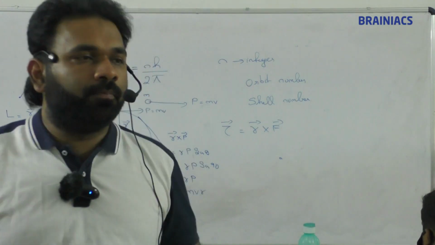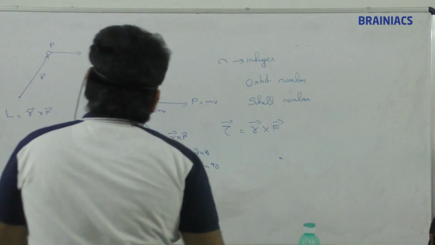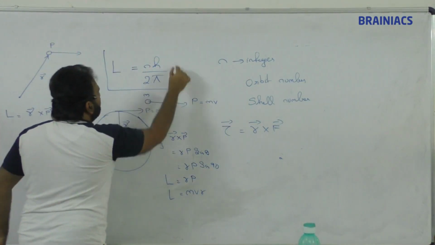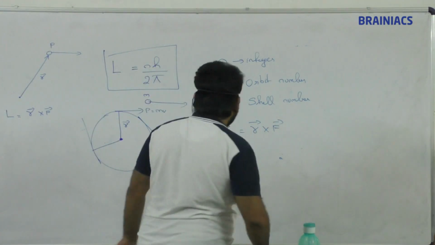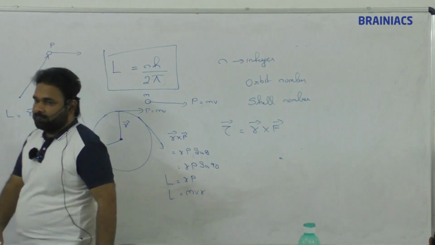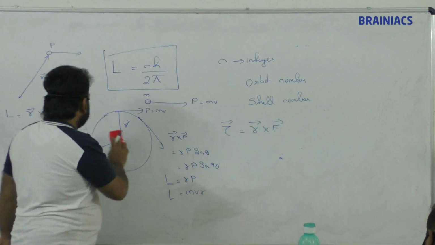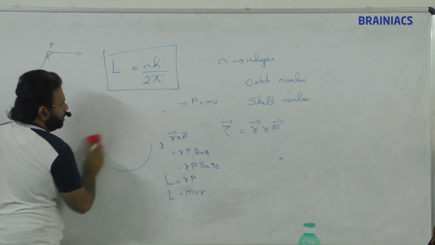An integral multiple of orbital angular momentum will be the stable orbit. So this is L is equal to nh by 2 pi. You understood, no? Shall I erase this basic part? Just give me an indication, okay?